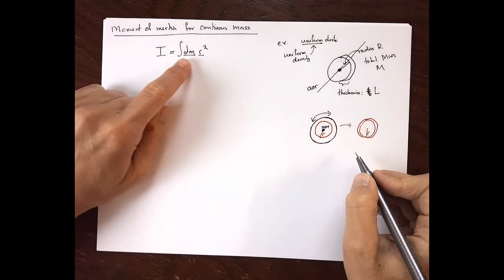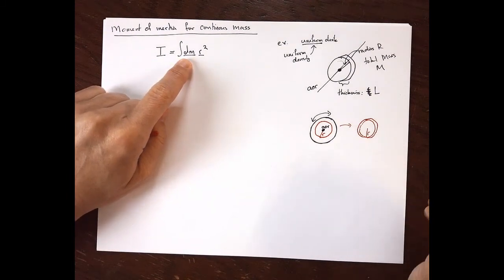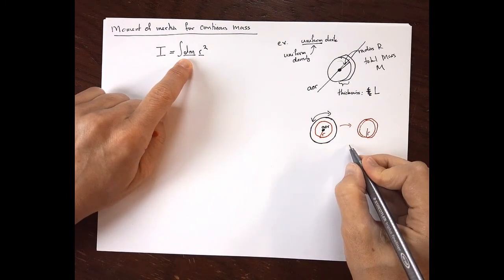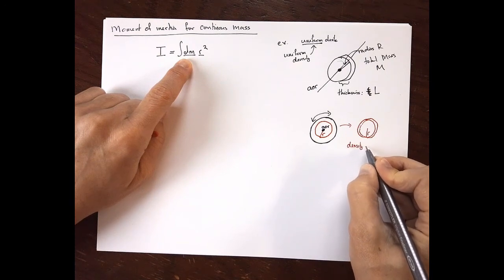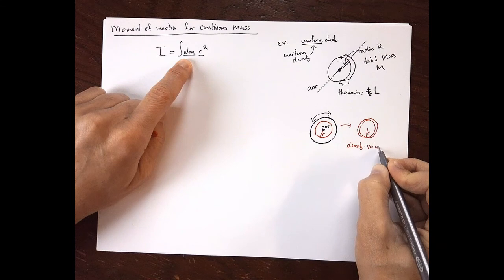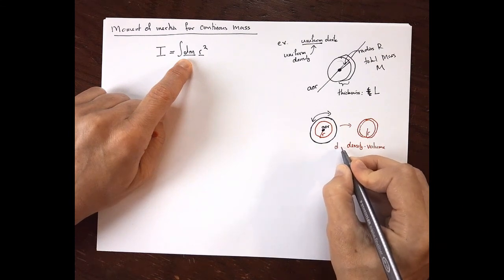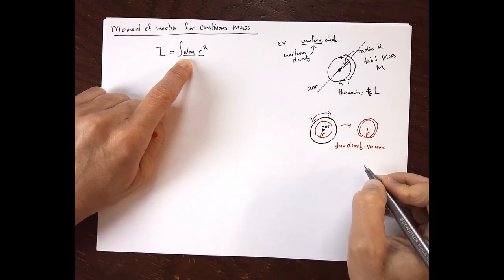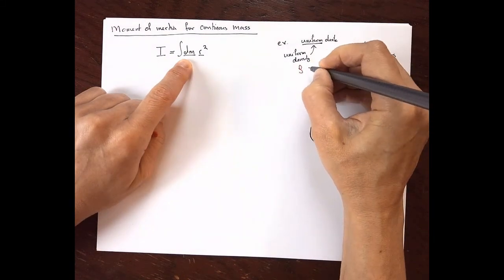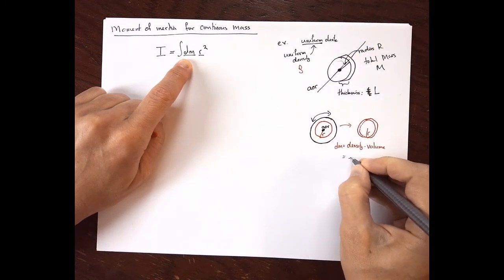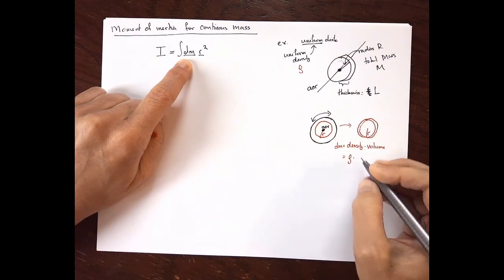So if we want to know the little bit of mass here, that is going to be the density times the volume. So that will be our little bit of mass, dm. What's the density? Well, they didn't give it to us, but we'll just call it rho for now. So that's the density times the volume.